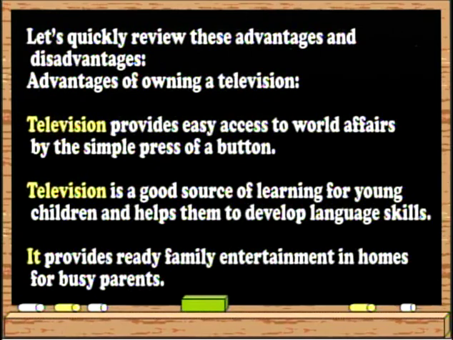Advantages of owning a television. Television provides easy access to world affairs by the simple press of a button. Television is a good source of learning for young children and helps them to develop language skills. It provides ready family entertainment in homes for busy parents.